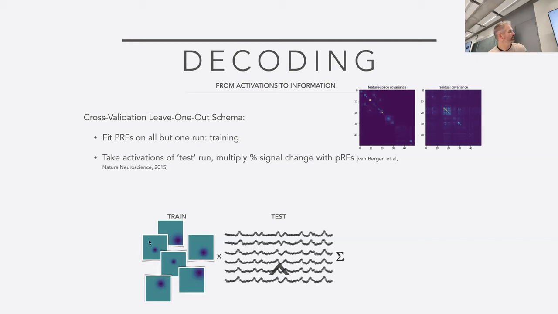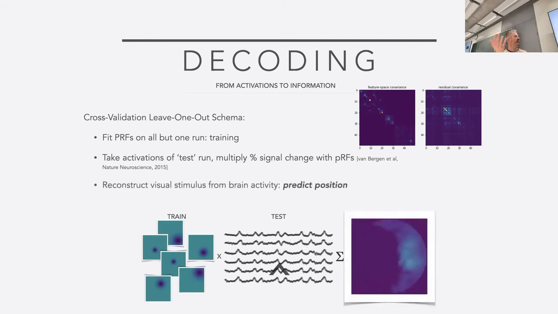So what we have from that training set is all of these different receptive fields, right? They all have a different location, all have a different size, and they all span visual space. And now we have a bunch of time courses in a test set. What we can then do is invert this encoding model and actually decode what a visual brain region is seeing, right? So what is the most likely stimulus that we can decode from a brain region?